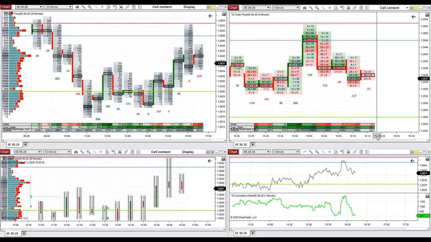I mean the first half of the position, because still Delta is negative in all those footprints, which means aggressive sellers are dominating the market. Cumulative Delta is dropping. There's no sign of reversal.